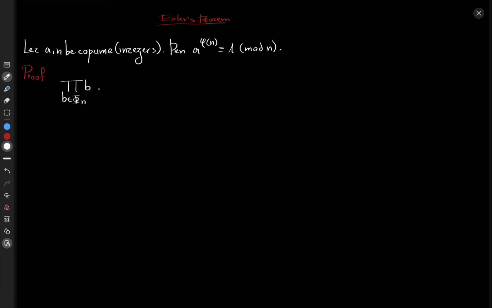We observe, and this is the key step in the proof, that this is actually equal to the product, again over all elements of capital phi n, of f_a of b.